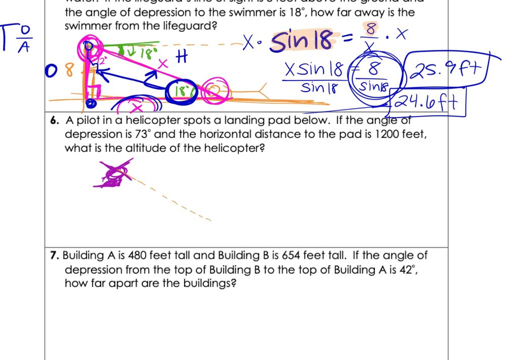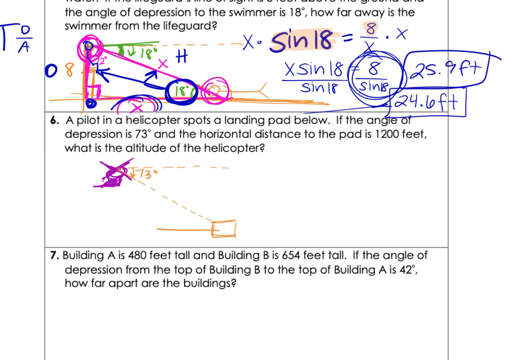A pilot in a helicopter spots a landing pad below. So somewhere down here, there's a landing pad. If the angle of depression is 73, no, I did not draw this to scale. That's okay. Here's your angle of depression, looking down. And the horizontal distance to the pad is 1,200 feet.